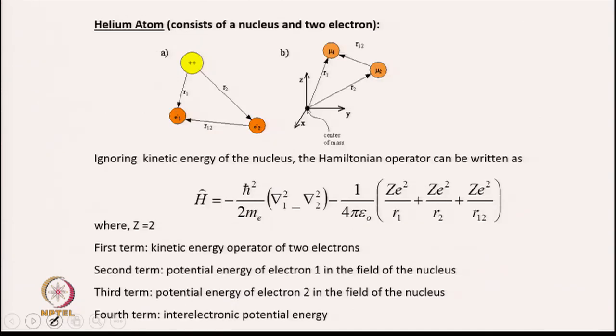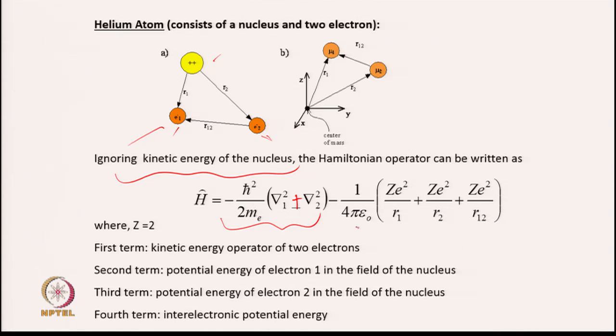For the helium atom, we not only have one nucleus, it has two electrons. It is shown here that these are the two electrons, and this is the nucleus, which has two positive charges. Then the Hamiltonian can be written as minus h cross square by 2 m_e times del 1 square plus del 2 square. What we have done is ignore the kinetic energy of the nucleus. In that case, your kinetic energy operator comes from electron 1 and electron 2, and that is what we have written here.